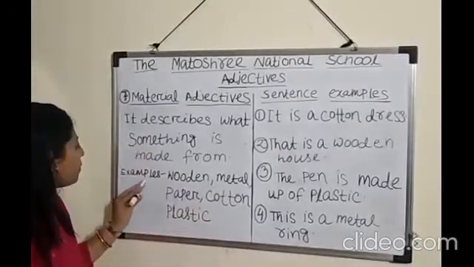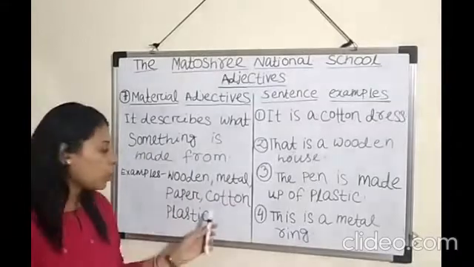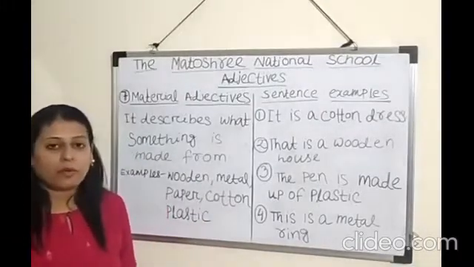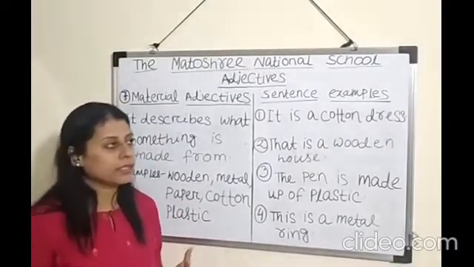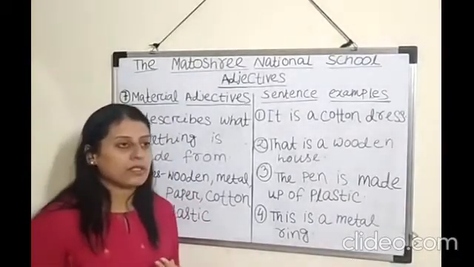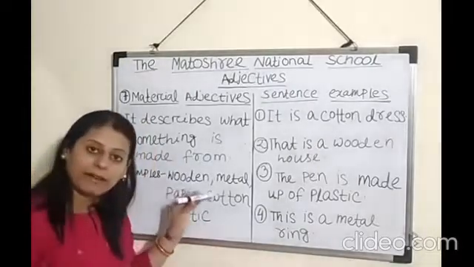Examples are wooden, metal, paper, cotton, plastic. Wooden: we see different types of wooden houses in our surroundings. We see glass houses. We see some houses made from bamboo sticks. So these are the wooden materials.